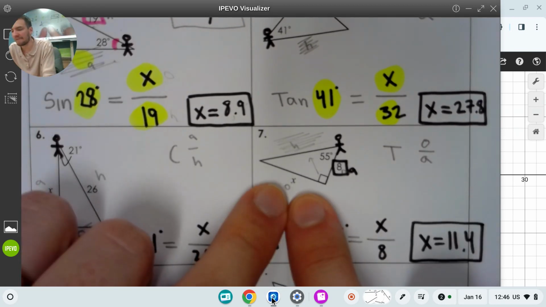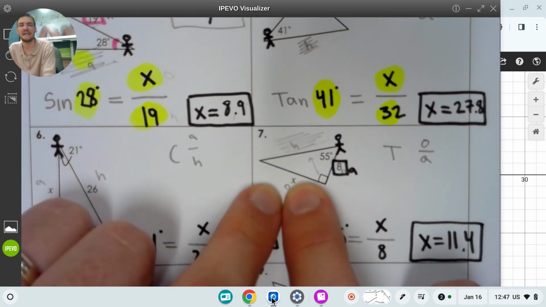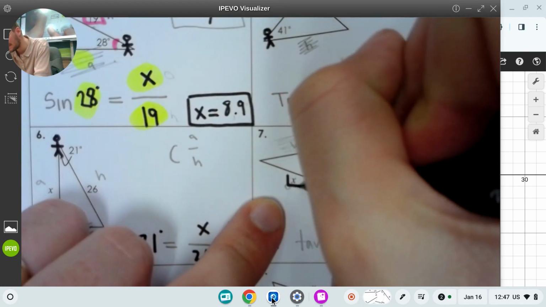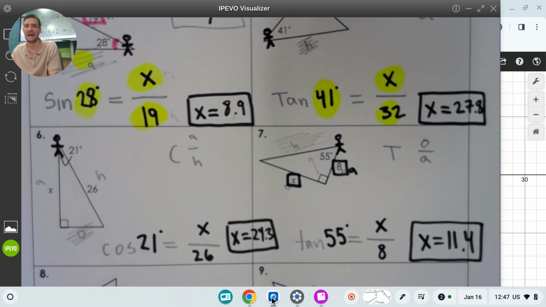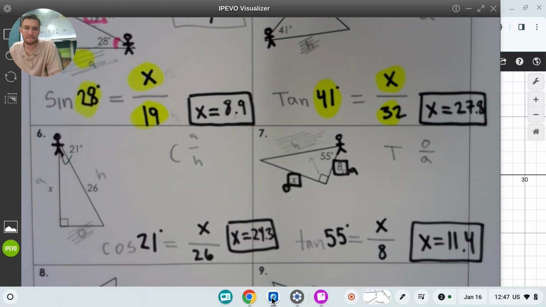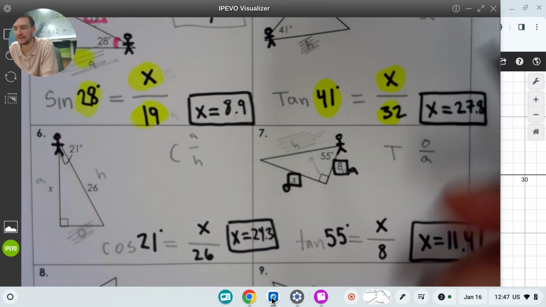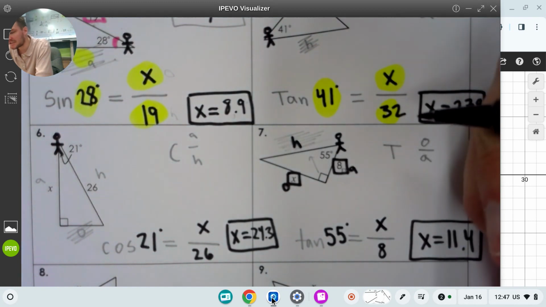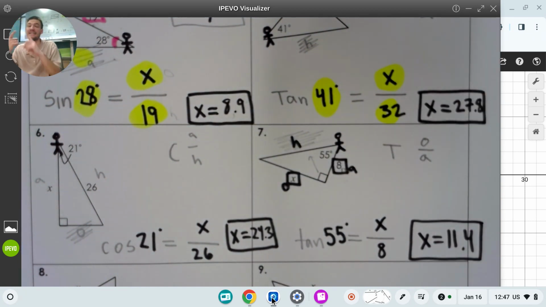Then I have this one, okay? This one over here is the opposite, and it's going to be important because that's where they put the X. Now, this one on top here, which is the H, isn't important. They didn't tell me how long the H was. They didn't even ask me how long H was, because if they put the X up there, that's one thing, but it's just totally blank.